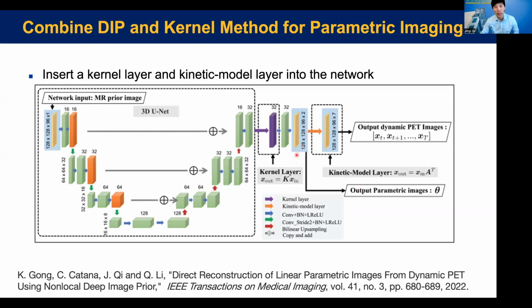In order to fit into the reconstruction, we need the activity image, so we insert another layer, the compartment modeling layer, to transform the compartment parameters into the dynamic PET images. Essentially, this is just multiplying by the temporal basis function. This one is not trained. All the others are trained during the reconstruction.